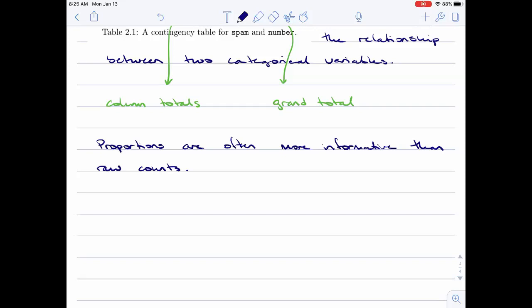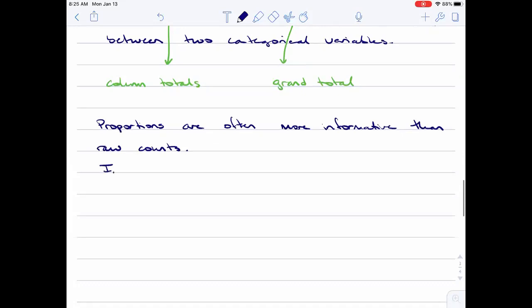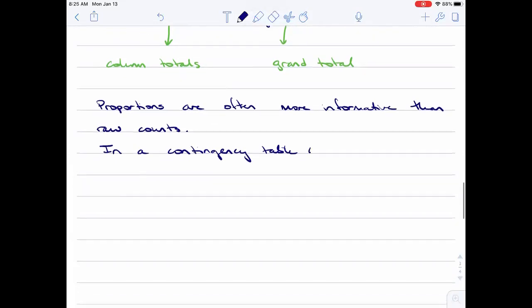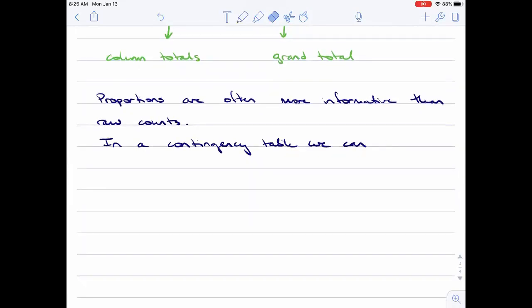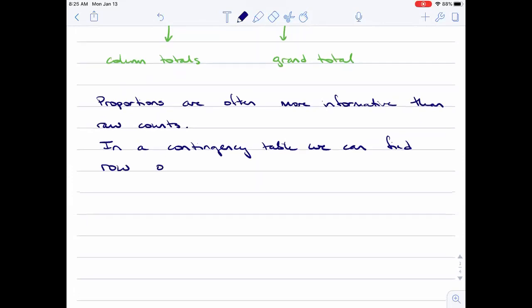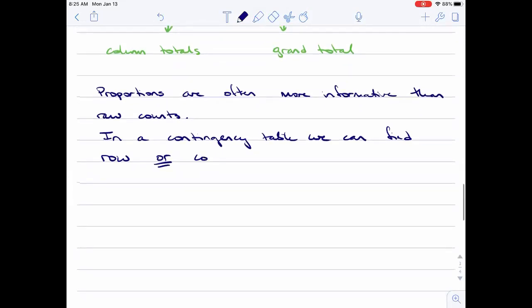And in a contingency table, we can find the row or the column or the total proportions.